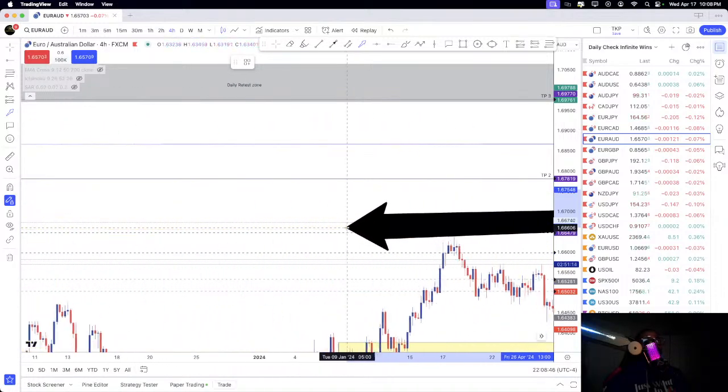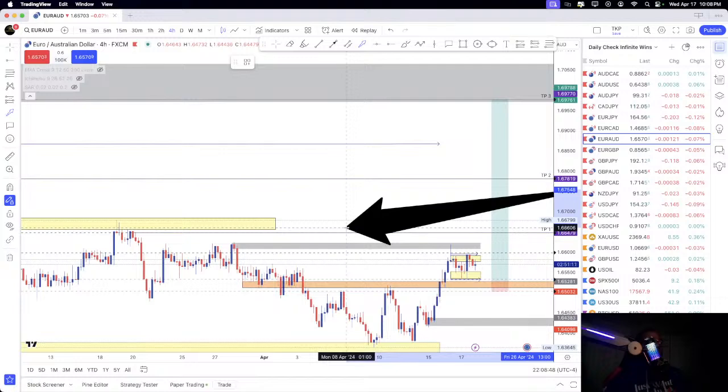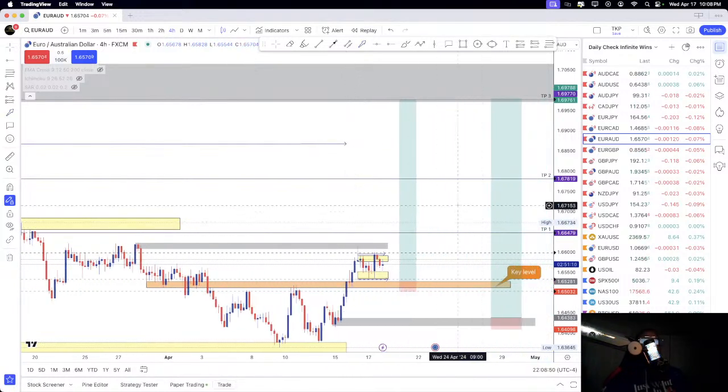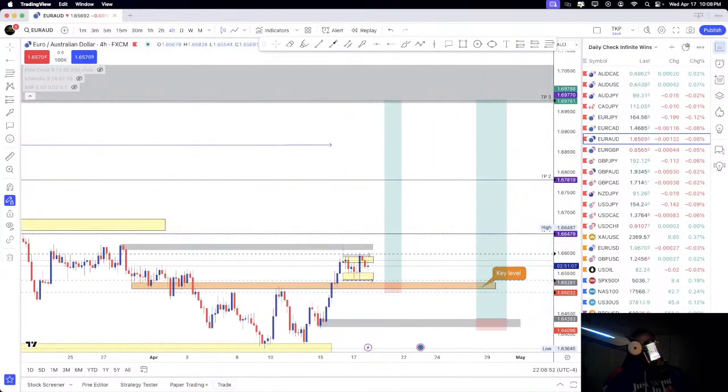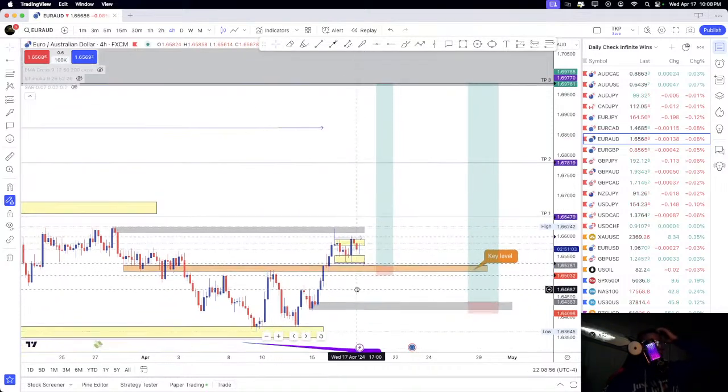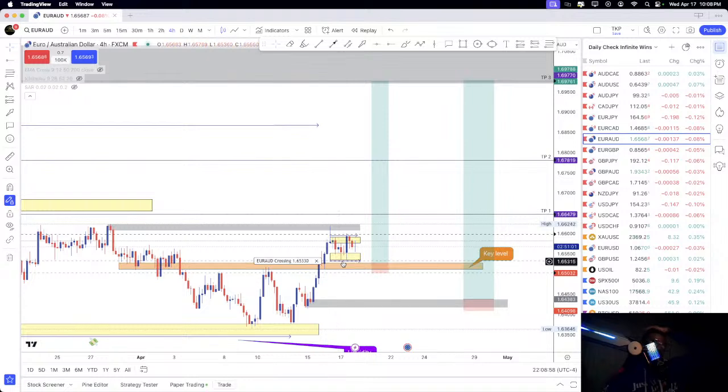But I will adjust them depending on what happens. But for now, let's get active with putting in this trade setup here. We got a lot of liquidity under there too.